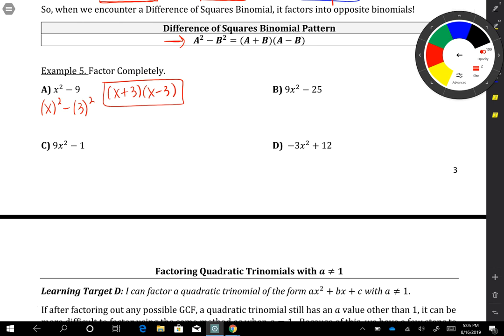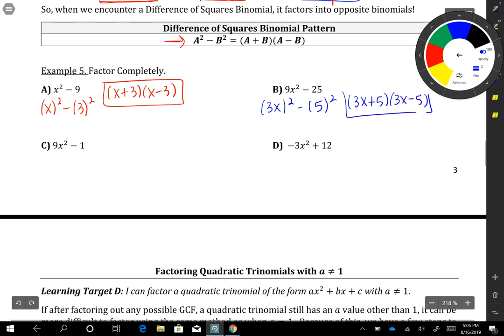Letter B, we have 9x squared minus 25. Again, we are subtracting. We are finding the difference. 9 and 25 are both perfect squares, so our roots would be 3x and 5. So the factors will be 3x plus 5 times 3x minus 5.